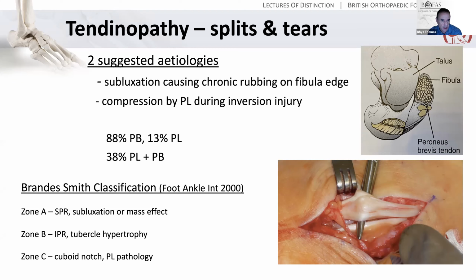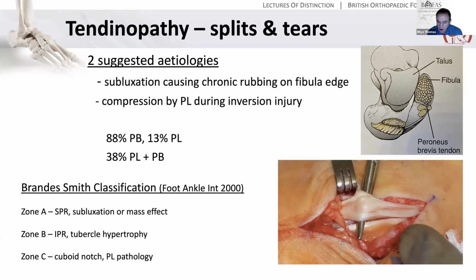The second is where you get an inversion injury and you get compression of the peroneus brevis tendon against the back of the fibula by the peroneus longus. The vast majority of tears are seen in the peroneus brevis, though about 40% have tears of both peroneus longus and peroneus brevis concurrently. You may see the Sobel classification being used, and this essentially is based on zones of injury.